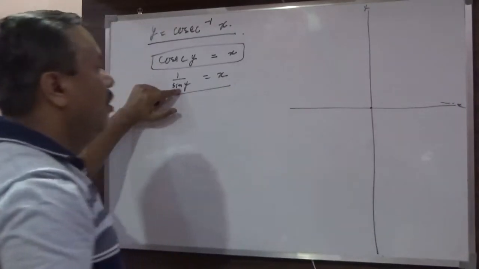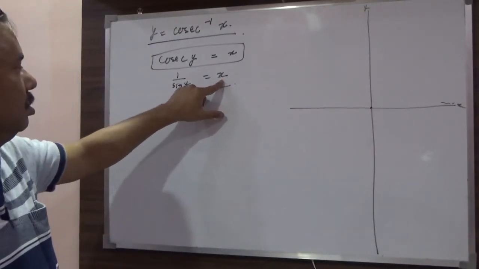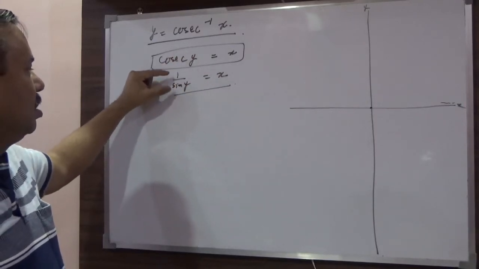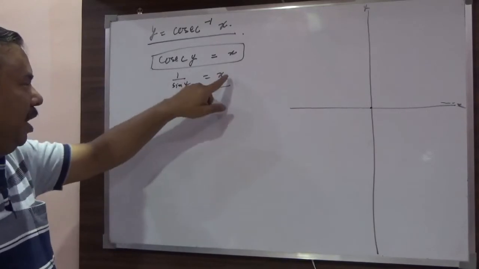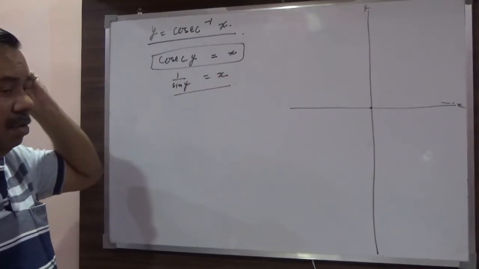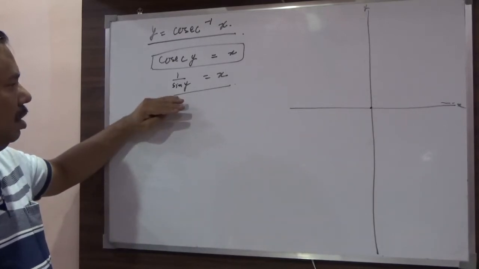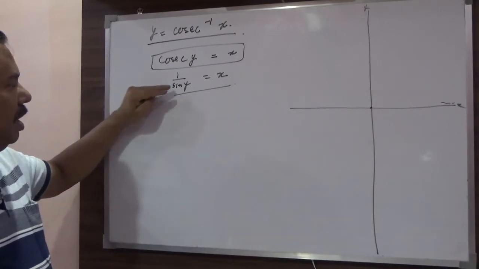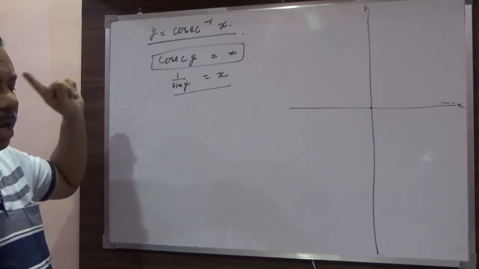When x becomes plus 1, obviously sin y has to be plus 1, so the value of y will be pi by 2.